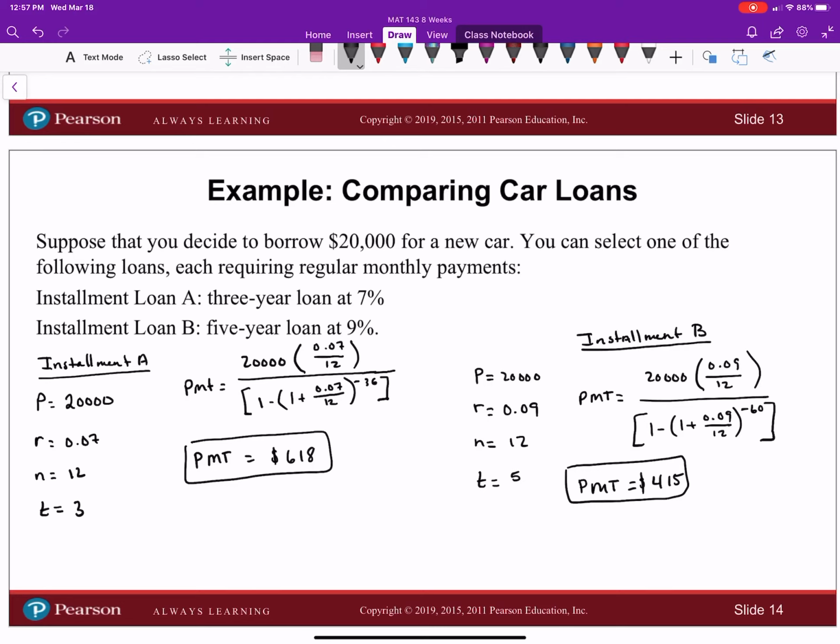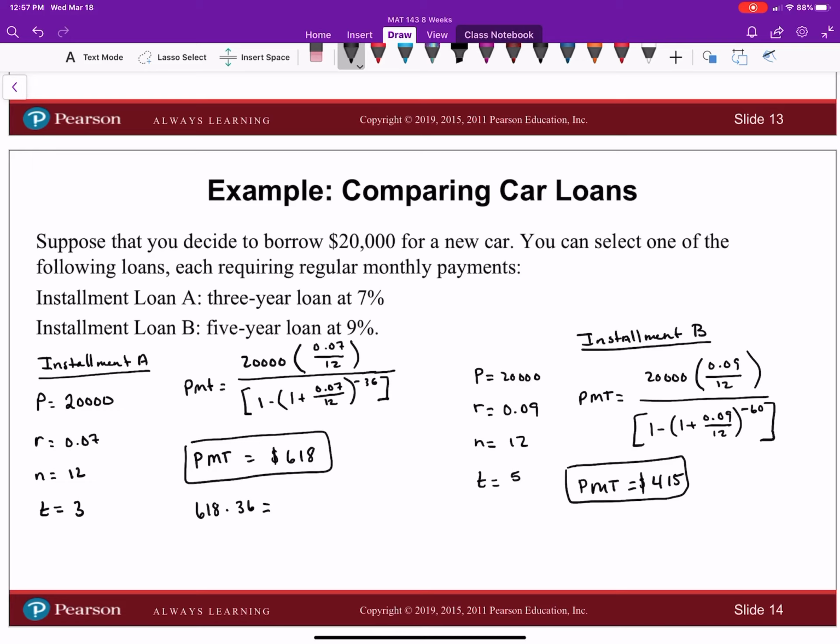Let's look and see how much interest we pay on each loan. To do this, we have to take the payment, which is $618, multiply it times the number of months, which would be your N times your T, so it'd be 36. We go ahead and stick that into the calculator.